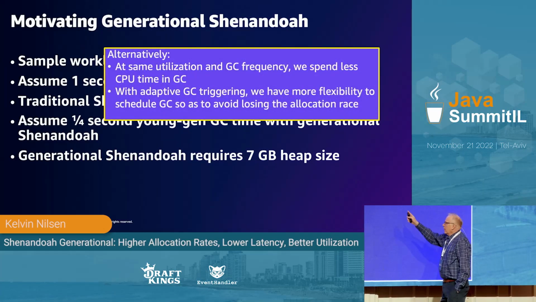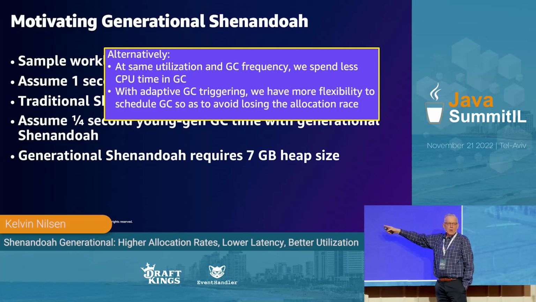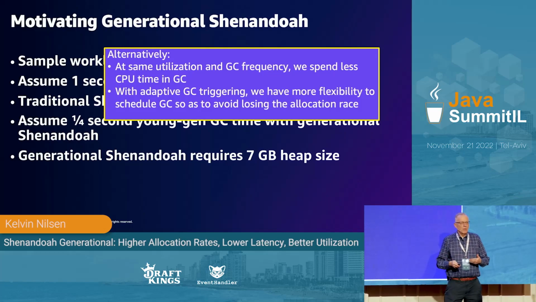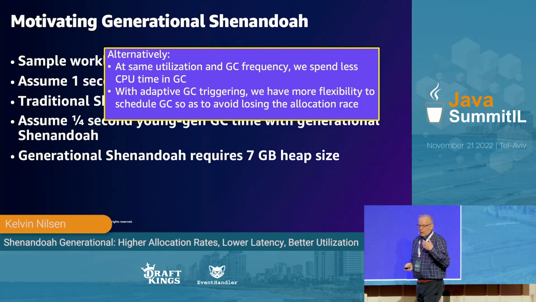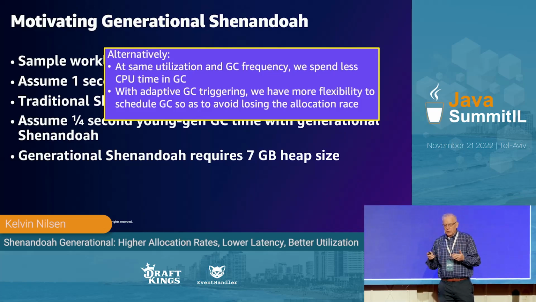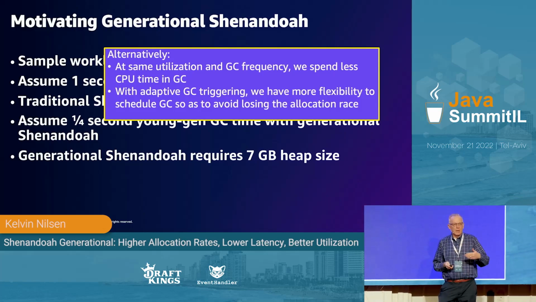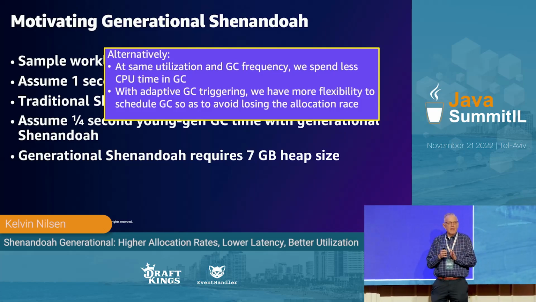So, number one, we can achieve much smaller heap sizes, but we have other trade-offs that are equally valuable. At the same memory utilization, we spend less CPU time, and/or we have more flexibility as to when we do the garbage collections.